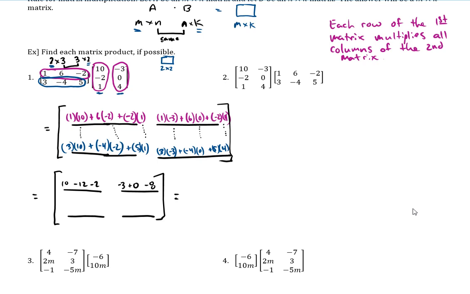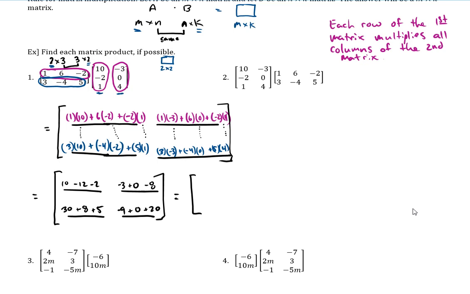And then the bottom left one, we've got 3 times 10 is 30. And then 2 negatives, so that would be plus 8. And then the next one is plus 5. And then our last one, 3 times negative 3 is negative 9. Then plus 0. And last, plus 20. Okay, so it does simplify sort of nice there at the end. And then at this point, now we fully simplify.